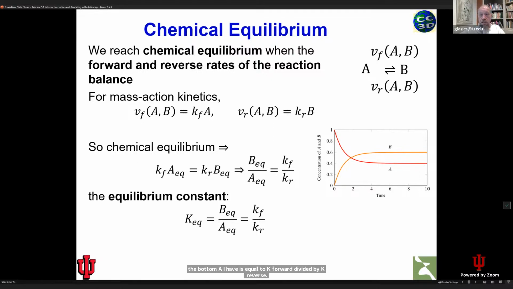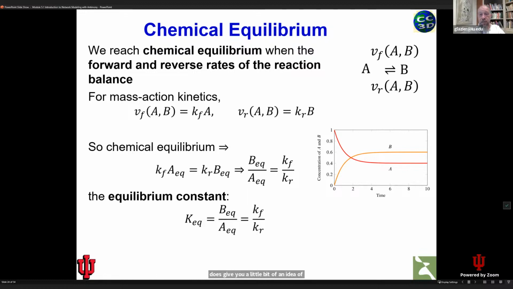This is an easy experiment to do. The problem is it gives us the ratio of the forward and backward rates. It doesn't give them individually. And so equilibrium measurements can give us ratios of rates, but they can't give us the forward and backward rates separately. That's the main reason that measuring forward and backward rates independently is so difficult. But it does give you a little bit of an idea of K equilibrium.